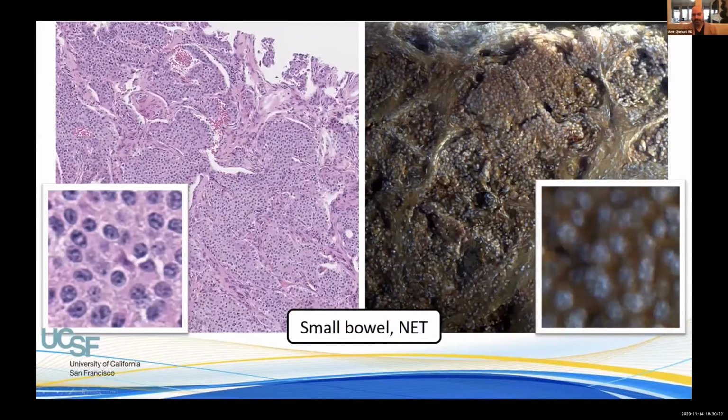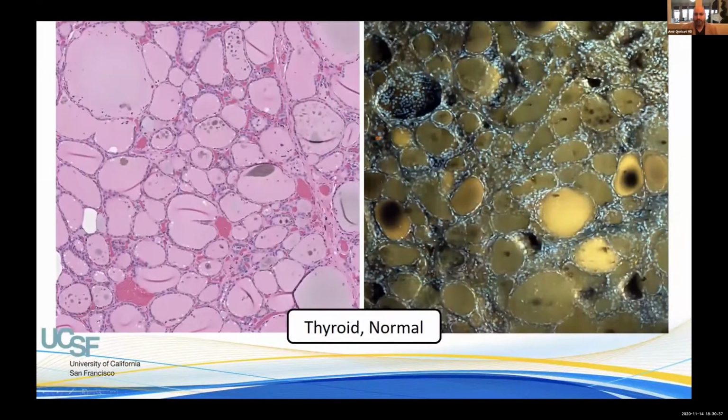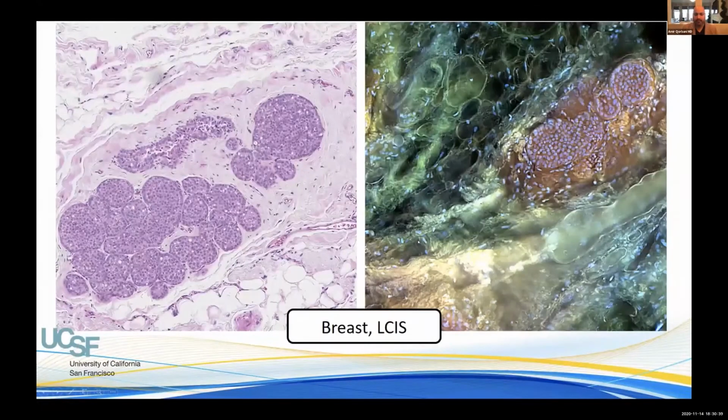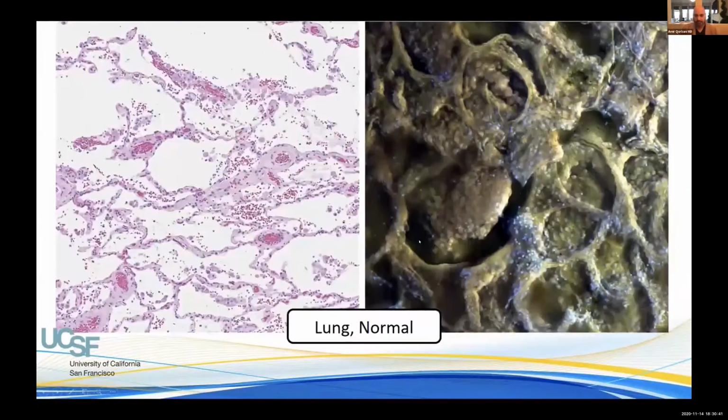Even you see it at the left side, neuroendocrine tumor. One of the ways that we diagnose it on the H&E is this salt and pepper nuclear pattern on the left side. You see on the right side that Muse microscopy can also show the details. And this is a thyroid. This is lobular carcinoma in situ, and so on and so forth.